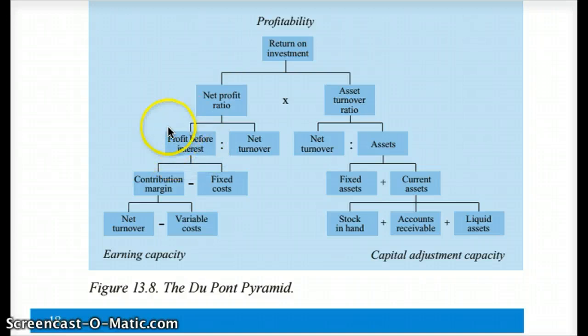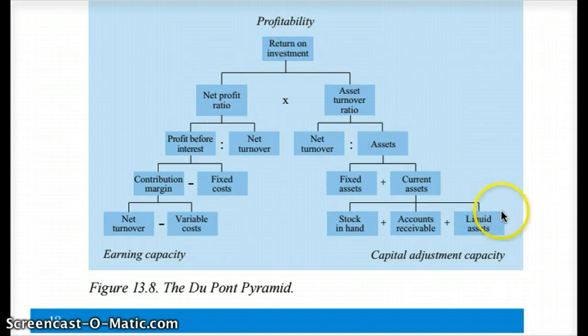If we divide the profit before interest by the net turnover, the profit before interest is higher and the net turnover is still higher. The net profit ratio will also be high. All of this tells us that maybe the net profit ratio could be the reason why the company's return on investment is going well.